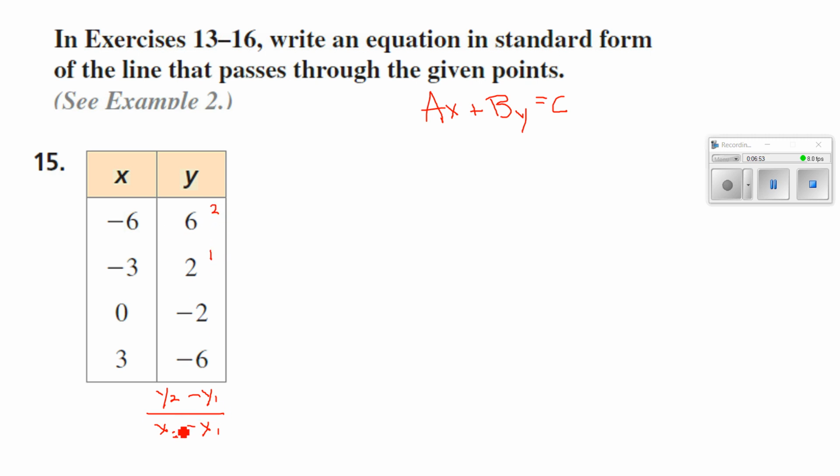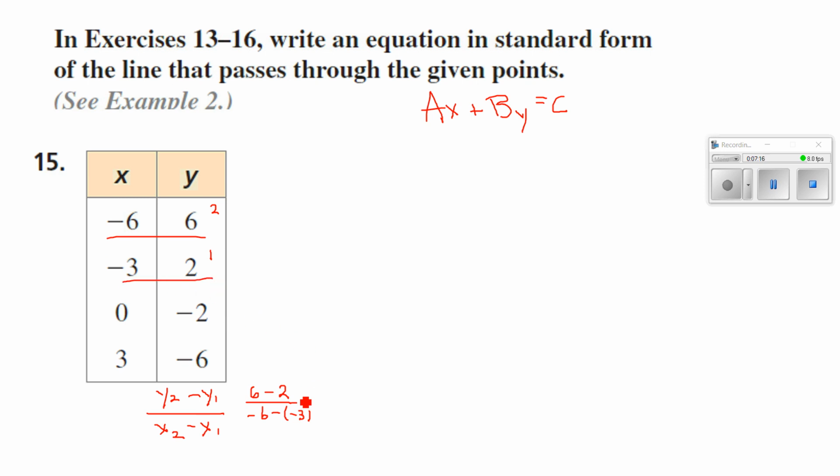So now I've got, well, let's see, I have 6 minus 2, and then I'll have negative 6 minus negative 3. So everyone see, this is my set for 2, this is my set for 1.